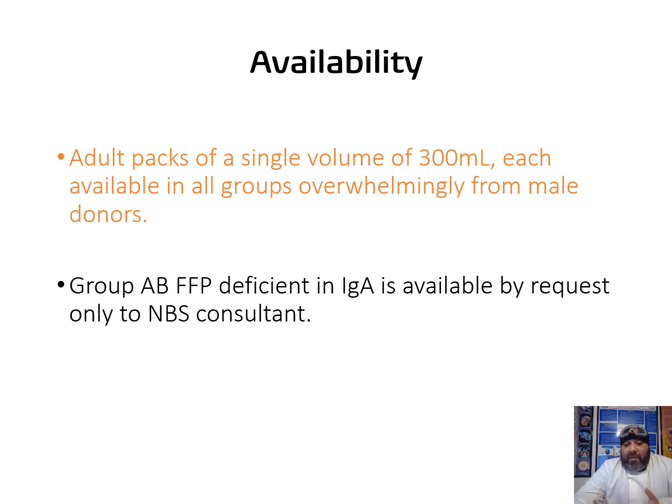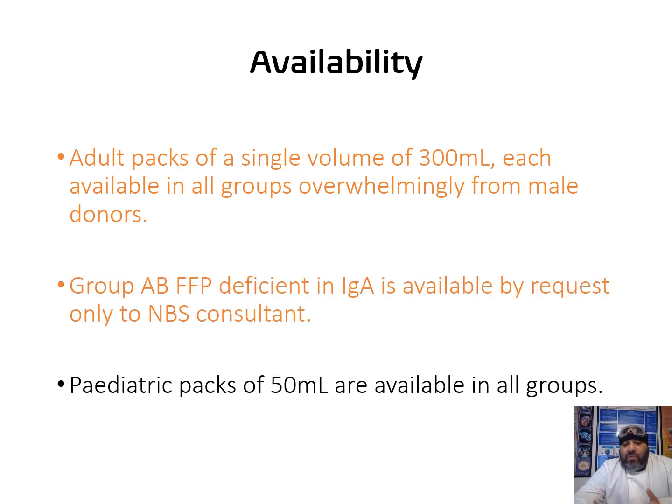Group AB fresh frozen plasma deficient in IgA, immunoglobulin A, is available by request, normally through hematology consultants or senior laboratory practitioners. Pediatric packs of 50 ml are also available, normally through blood services, in all blood groups, thus in and around ABO compatibility.